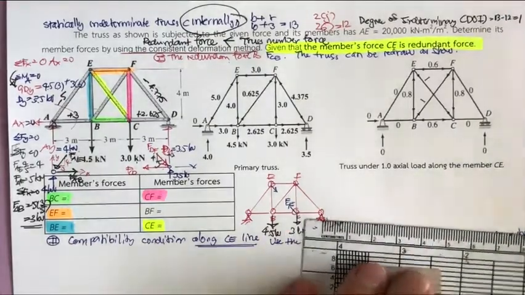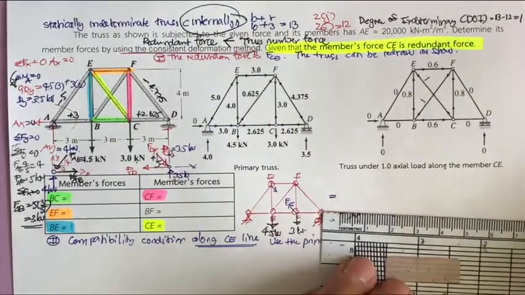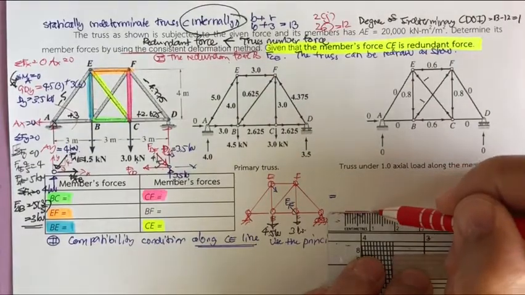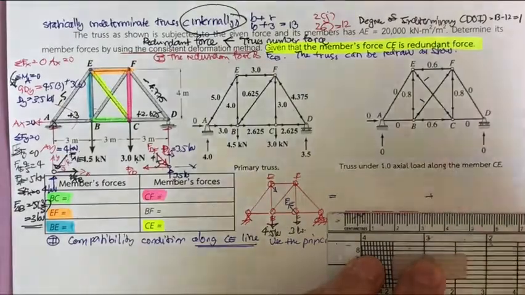Okay, so we have one is the primary truss. So this is going to be equal to, and then you're going to plus another one.